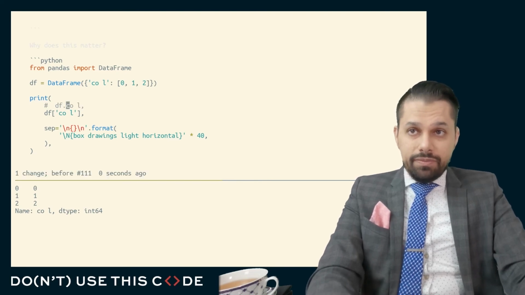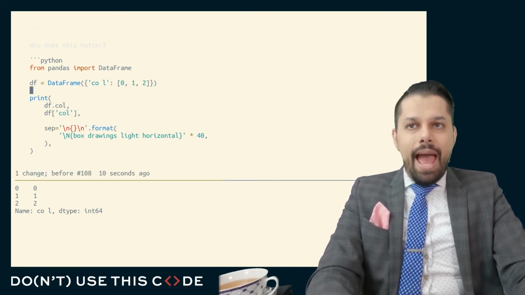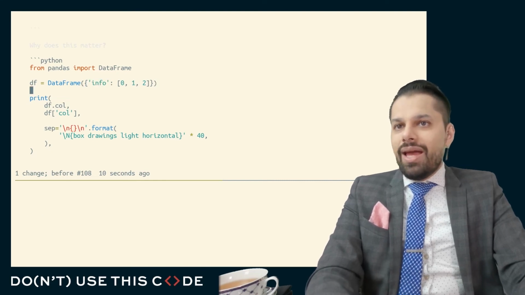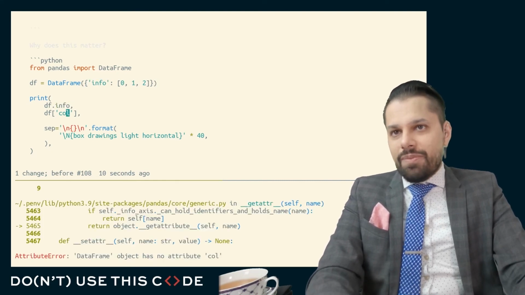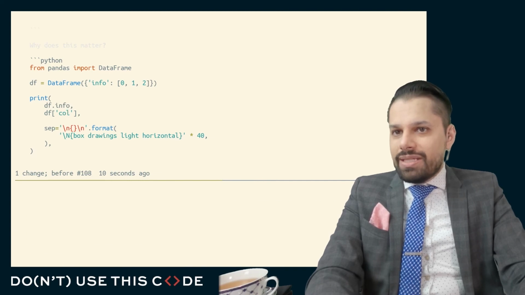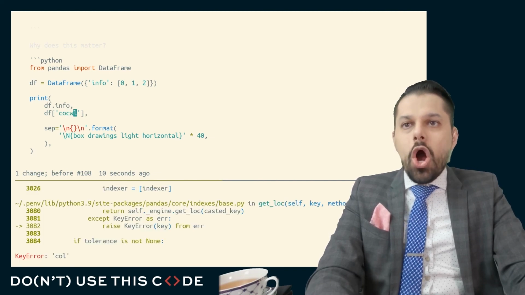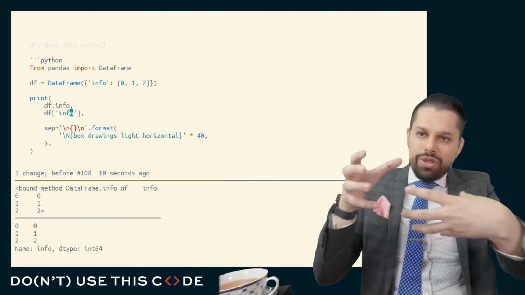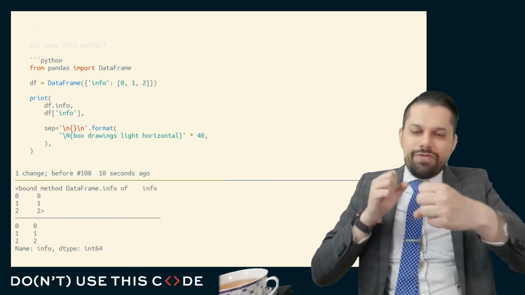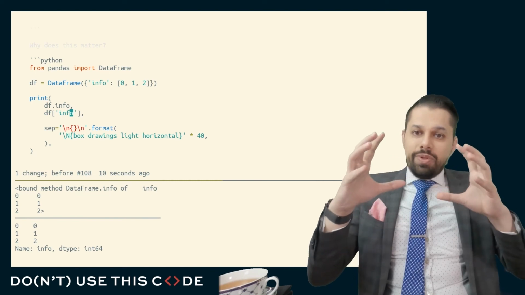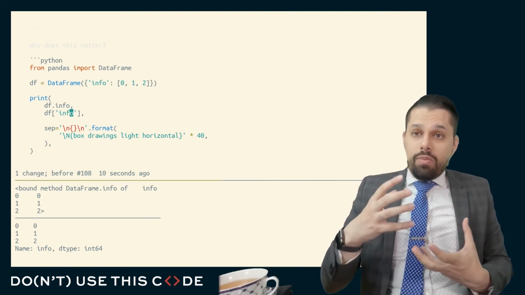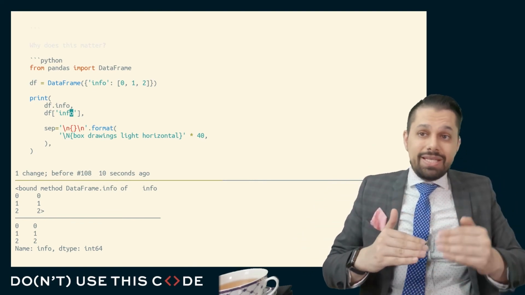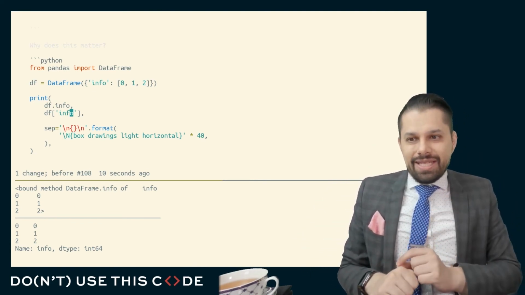Think about this. What if that column happened to be named something like info? Well, there's an ambiguity here because df.info is a function that exists on a pandas data frame. And what you can see here is we've taken, with this dotted access, all of the different attributes and mechanisms that we can perform on a pandas data frame, and we've conflated them in the same namespace as all of the data that's contained within.